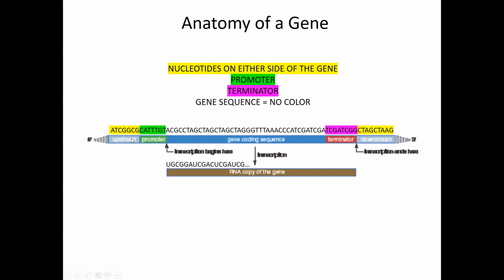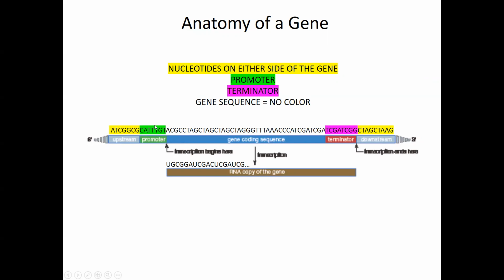Now, again, look at this. I found this picture. This image is supposed to be a long stretch of DNA. And notice this is upstream, this is downstream, and the blue is indeed the gene coding sequence.